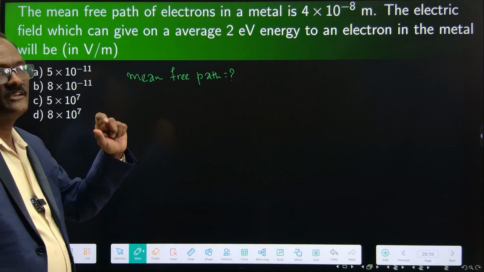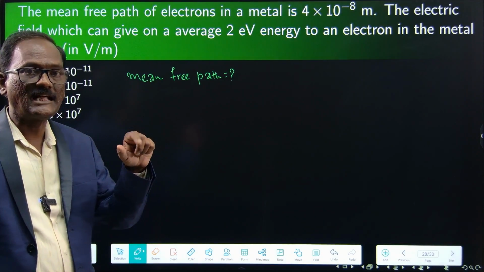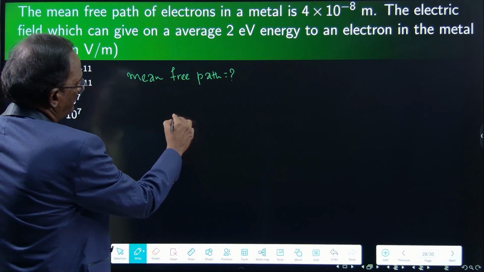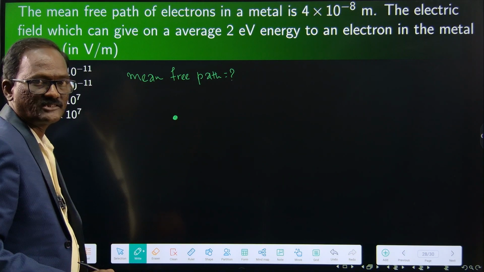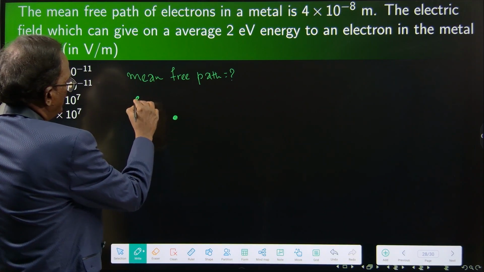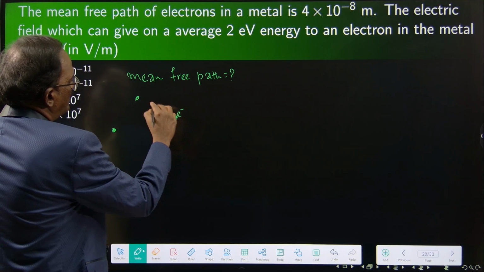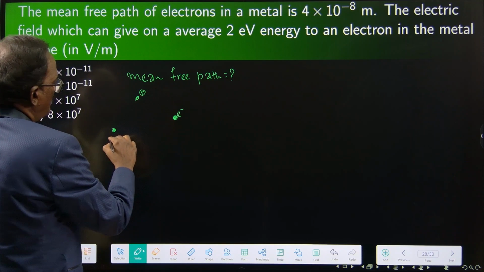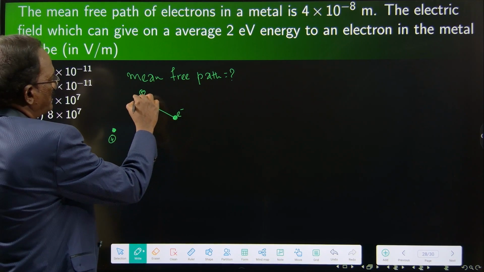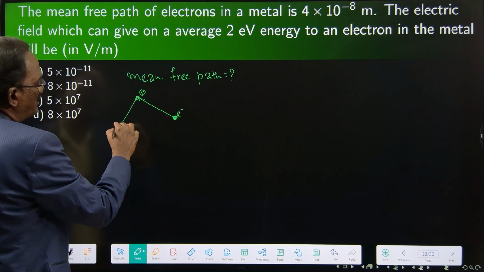So in the concept itself we have defined what is the relaxation time. The electrons, when they are moving inside the conductor with some velocity, collide with positive ions. Electron comes, positive ion, first collision, then second collision.